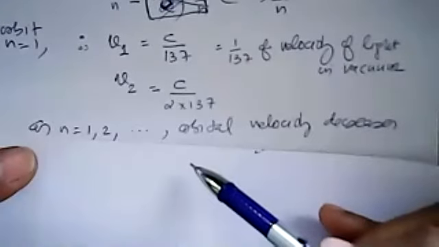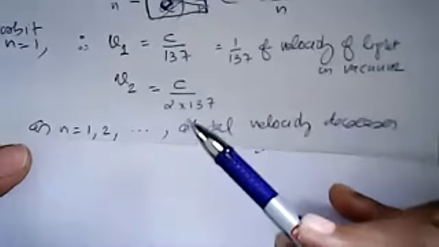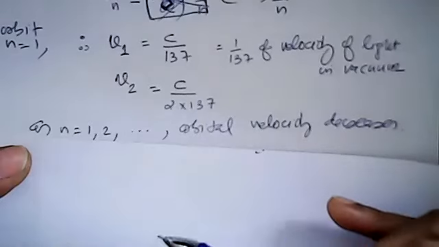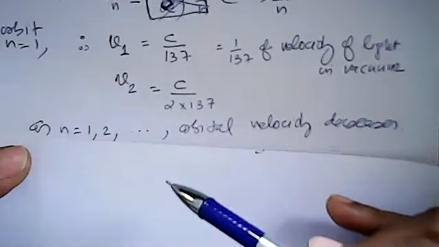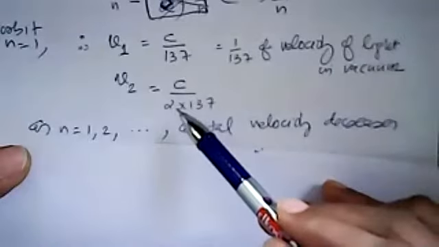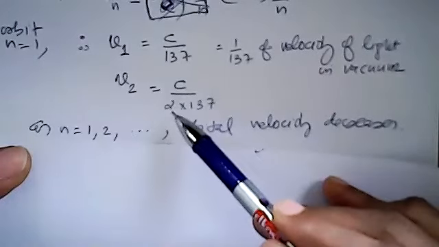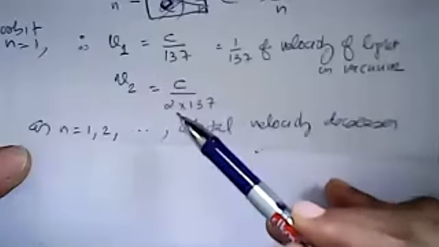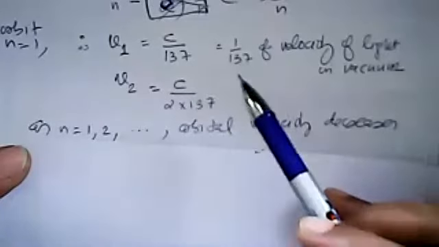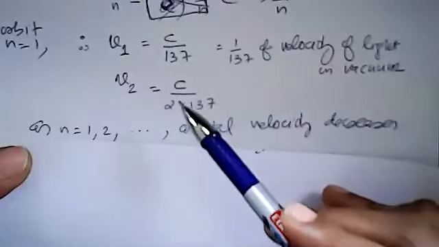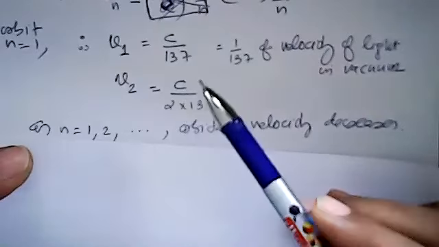So they are almost evenly spaced. The difference is 1 by 2, 1 by 3, 1 by 4. So that is also not even. It is uneven because it is varying with 1 by n.